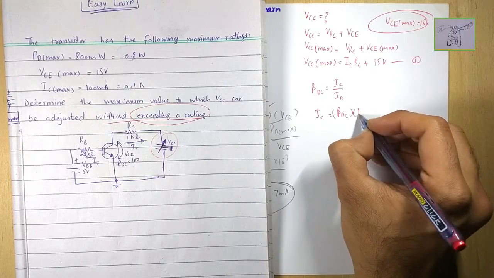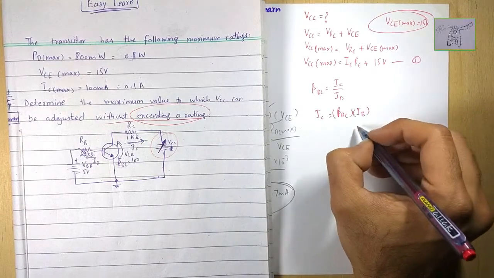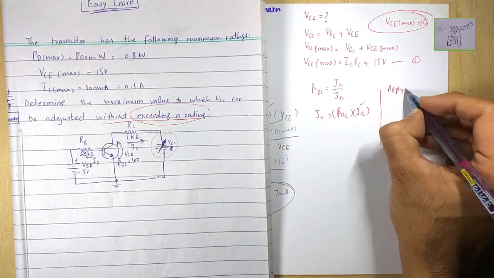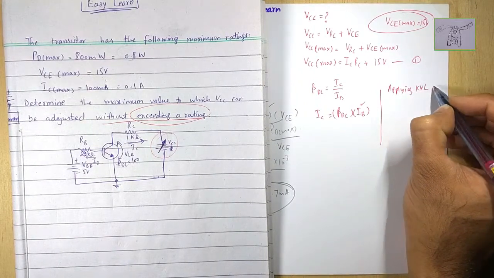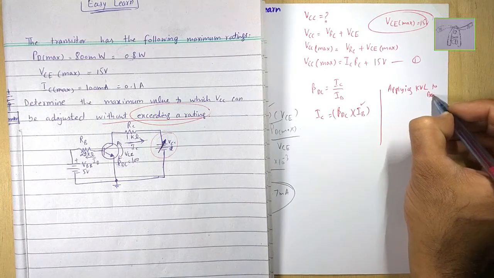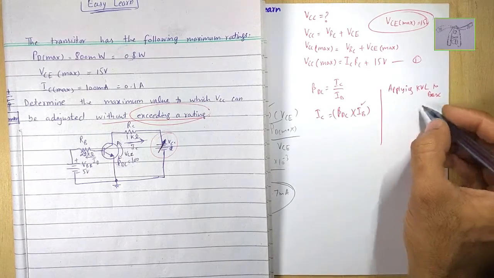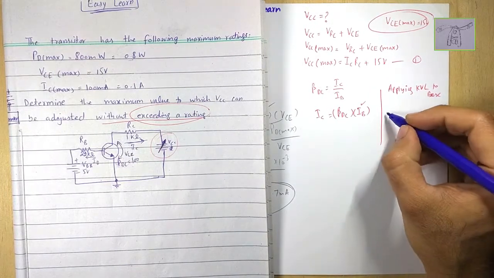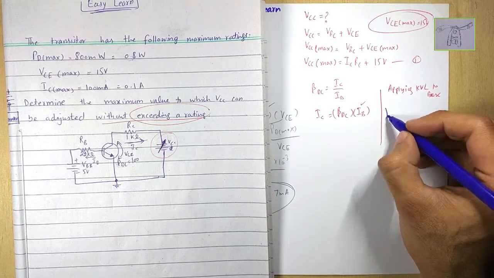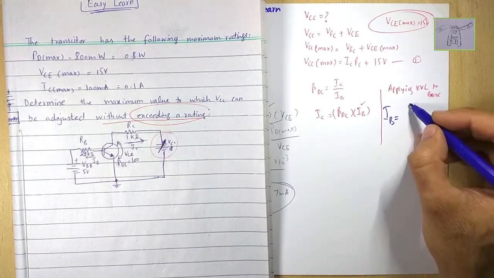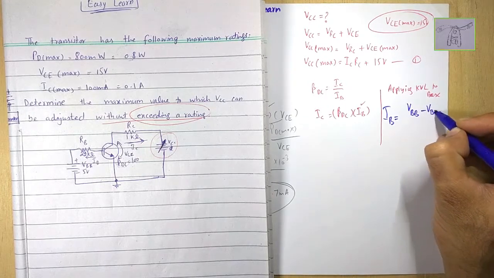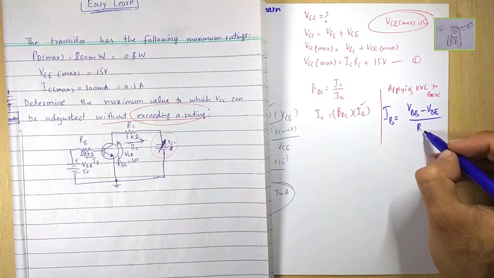Rearranging this formula, we have to calculate the IB, applying KVL once again to the base loop, base side. I'm using the marker here, and I'm writing directly: IB equals VBB minus V base emitter, divided by RB.